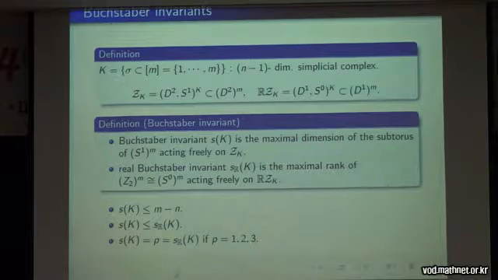These three facts are very well-known. The Buchstaber invariant is bounded by m minus n, and the real Buchstaber invariant is greater than or equal to the original Buchstaber invariant.